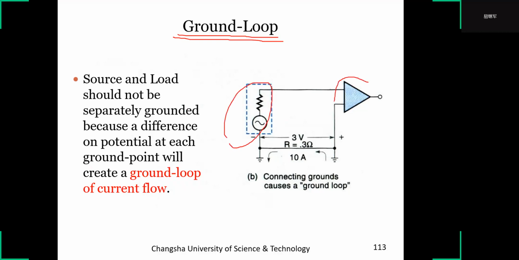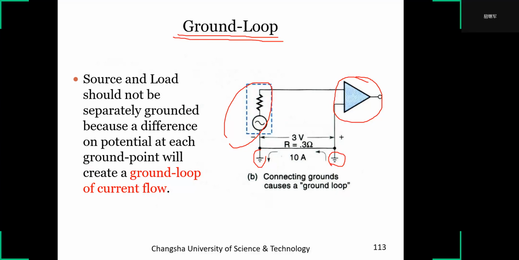This is the amplifier. If we transfer the signal from the sensor to the amplifier, we can connect the signal to the ground from separate points. There is a voltage between the two ground points.